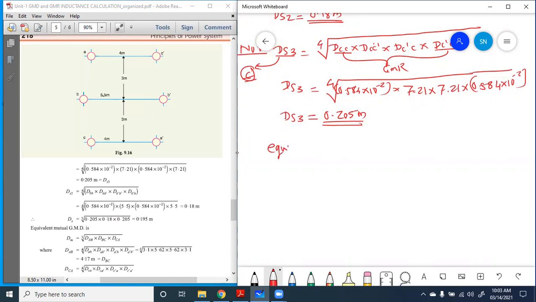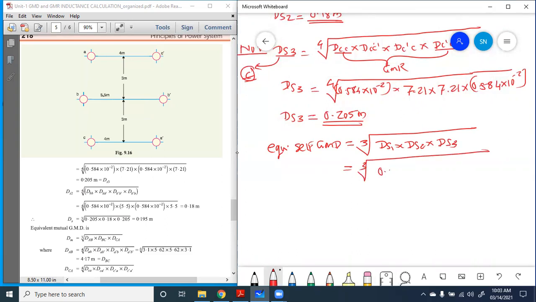Now equivalent self GMD is equal to cubic root of, put the values DS1, DS2, DS3. So cubic root of 0.205 into 0.18 into 0.205.